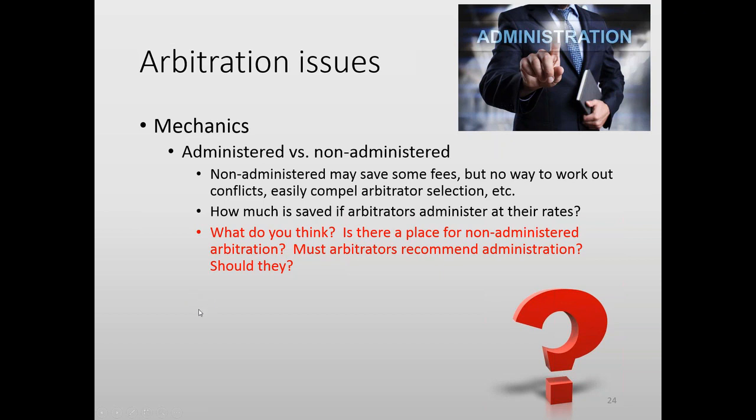Okay. Yarko, if someone comes to you and maybe has AAA rules in there, but under the rules of the AAA, but not the administration, what do you typically do with that situation? Well, if their agreement just refers to the arbitration proceeding under the American Arbitration Association rules, by default, they automatically buy into AAA administration.